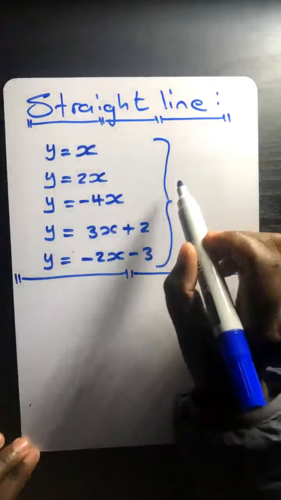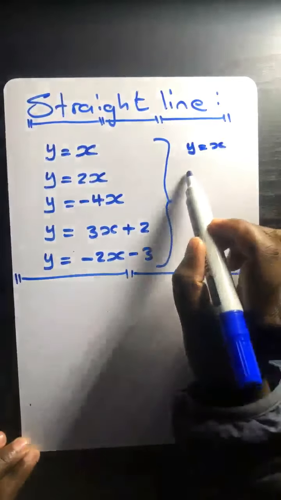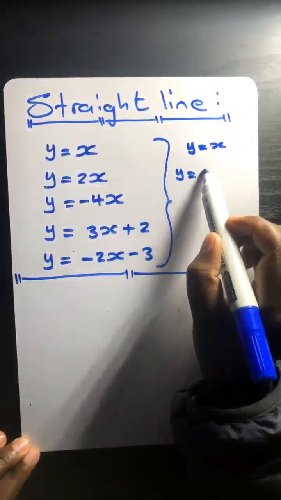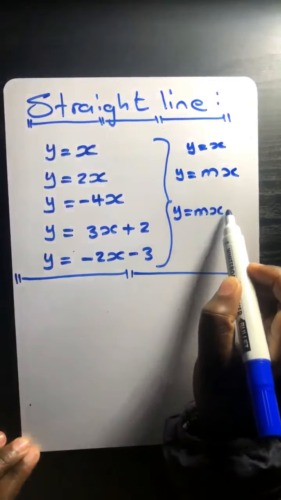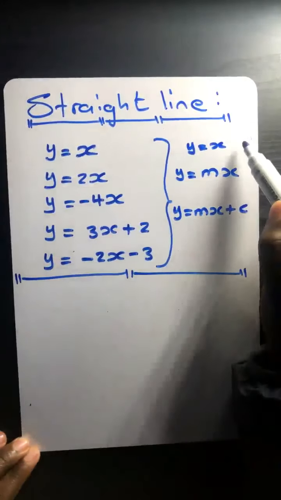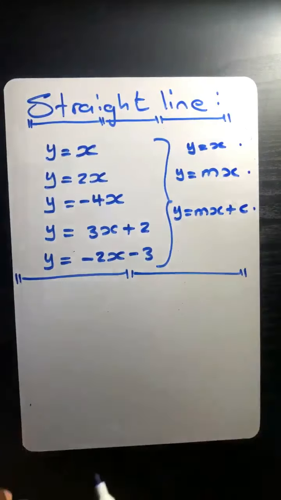So what I want to quickly do, guys, is just give you an idea of exactly what I was explaining over there. So I said we have y equals x, we have y equals mx, we have y equals mx plus c. Baby stage, teenager, and adult.